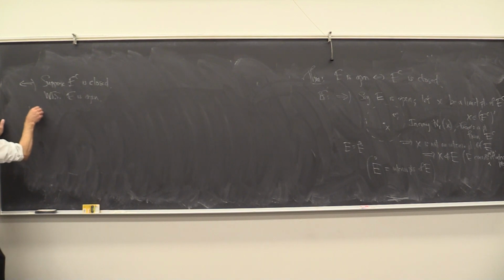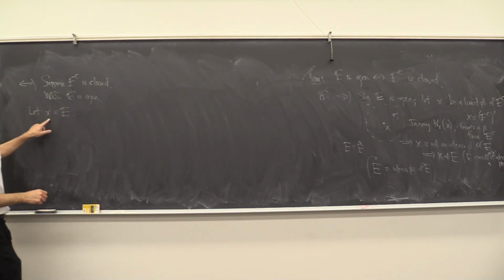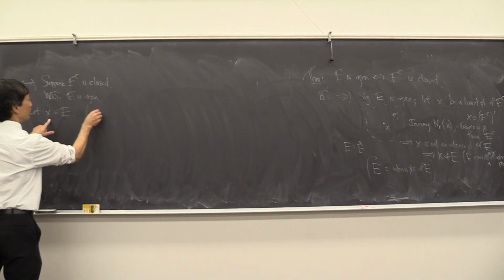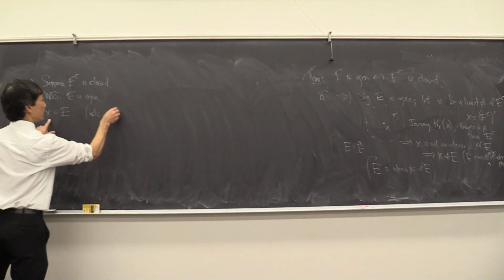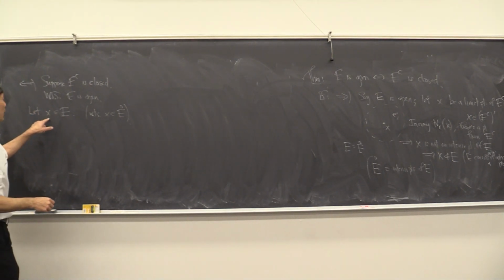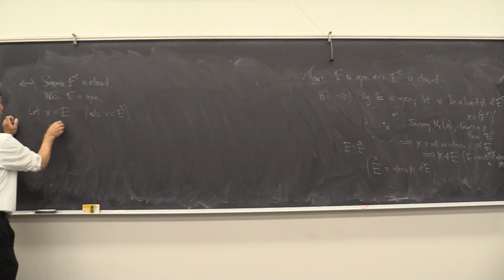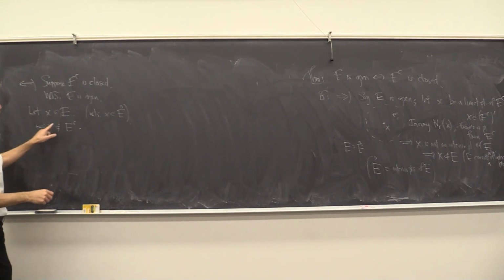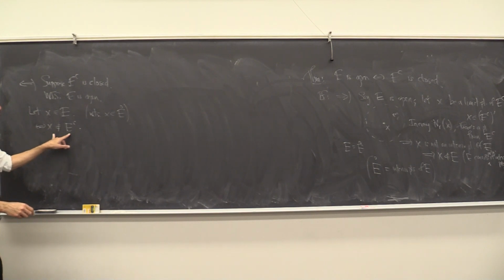So let X be a point in E. We want to show that X is actually an interior point of E. So X being in E means that X is not in E complement, right? X being in E is the same thing as saying X is not in E complement.